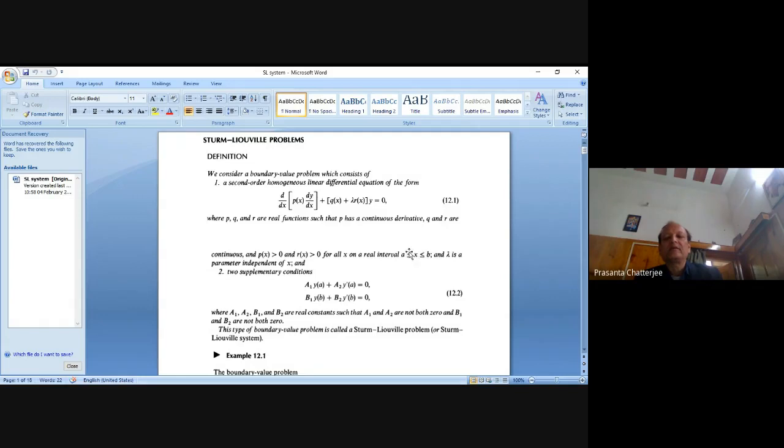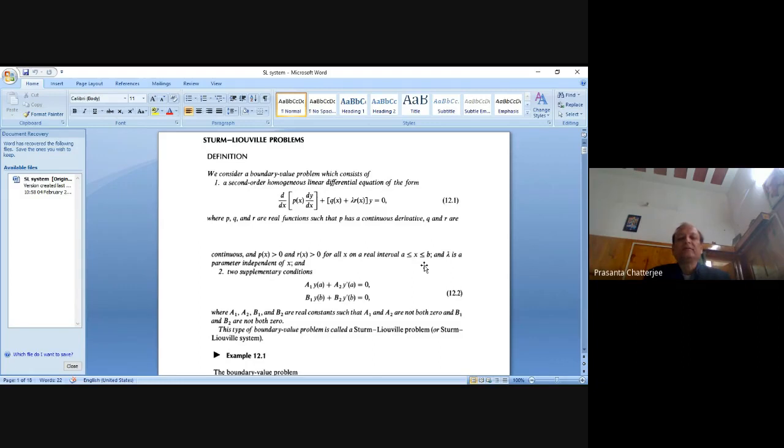At the point a and at the point b, the boundary conditions are defined, and lambda is a parameter which should be independent of x. Regarding boundary conditions, we know that if the conditions of a differential equation are given at one point, then they are called initial conditions.